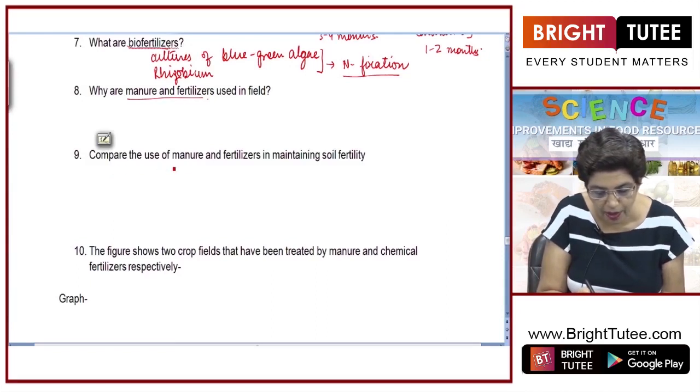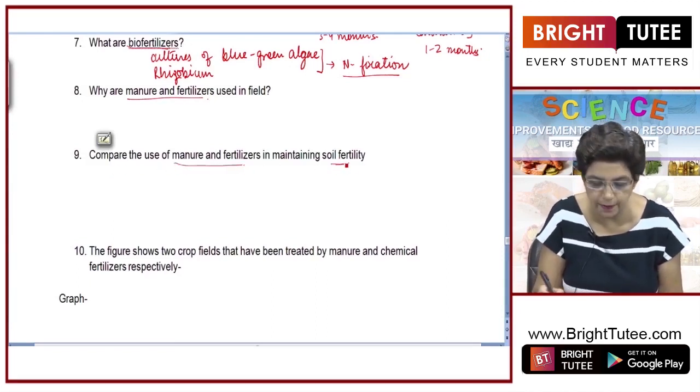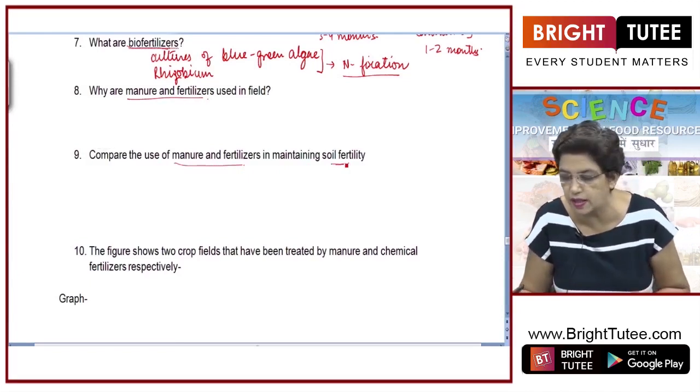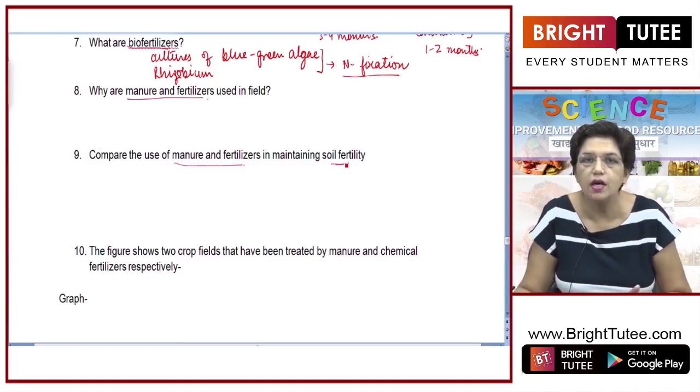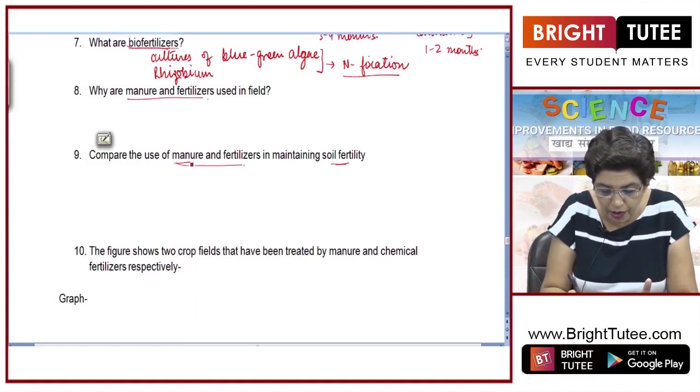Next question, compare the use of manures and fertilizers in maintaining soil fertility. Manures and fertilizers are quite different from each other, but they are both used to increase the fertility of the soil. Manure, first of all, is not nutrient specific.